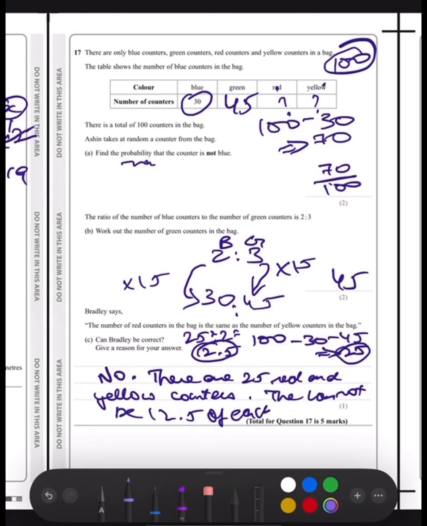It's not possible to have 12.5 counters. They must be whole numbers. And that's it. That's how you earn your 1 mark.